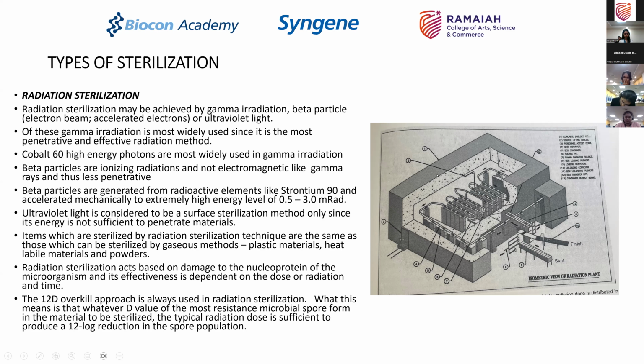This is a chamber which is made out of proper concrete or non-penetrating material, because you do not want that radiation to come outside and harm the environment or the people around it. Generally this is made out of concrete, for very large, permanent chambers.